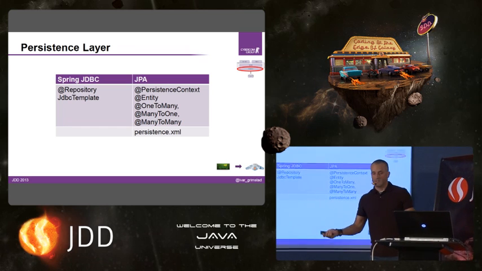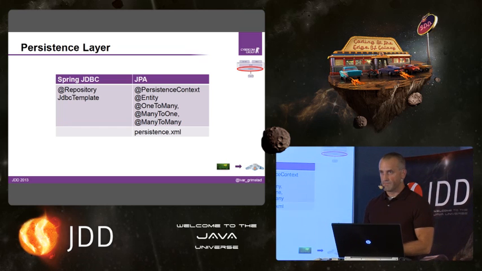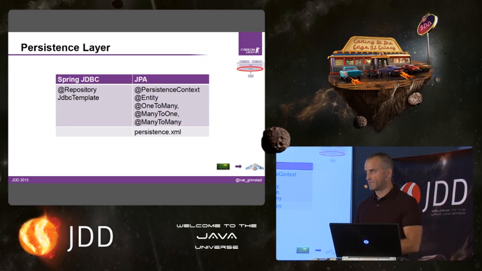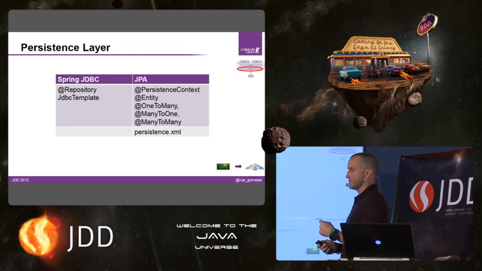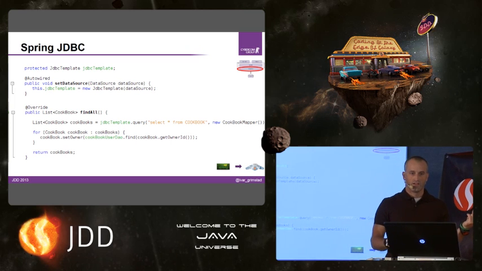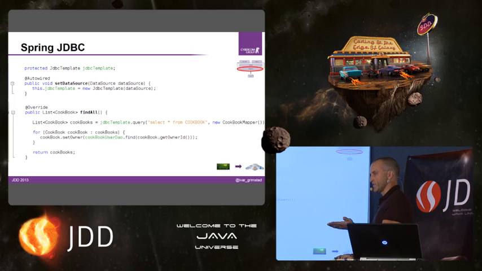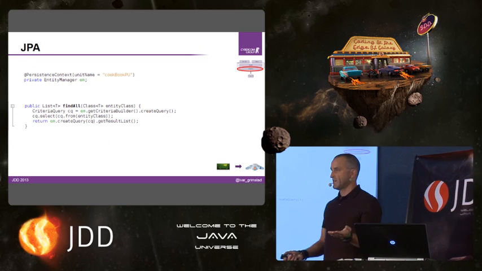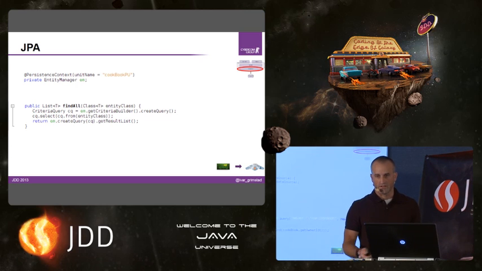So it's handled by JPA rather than I have to implement it myself. So what I've done is I've taken the code that looks like this using JDBC templates, and I replaced it with the JPA counterpart. And it's actually pretty similar. It's just another way of writing it.